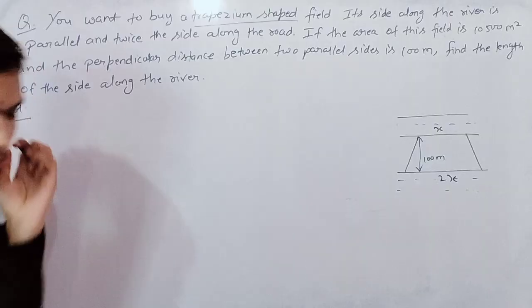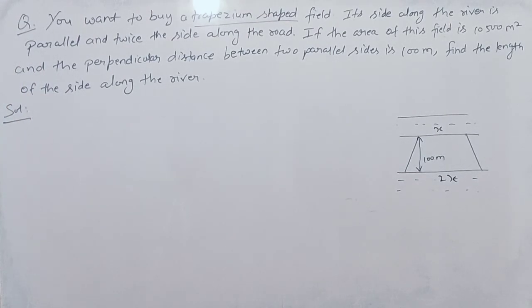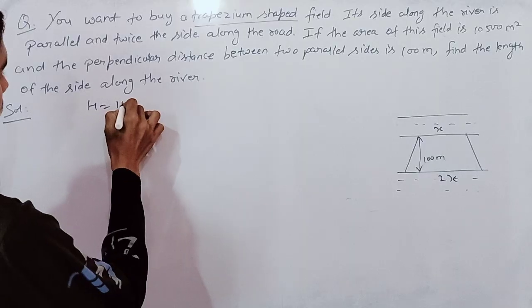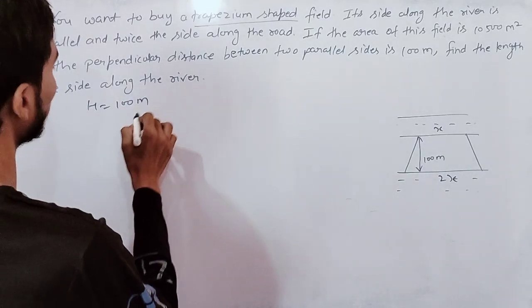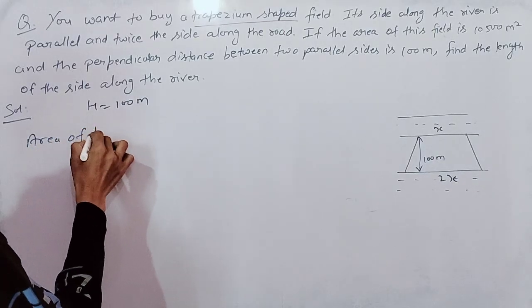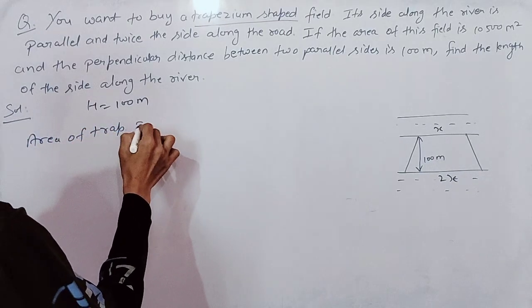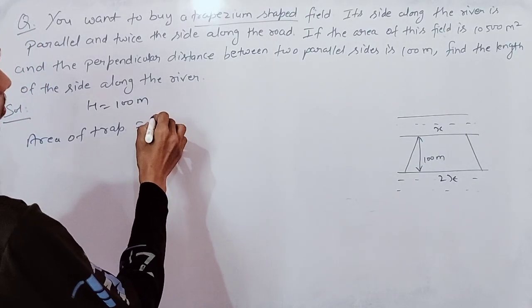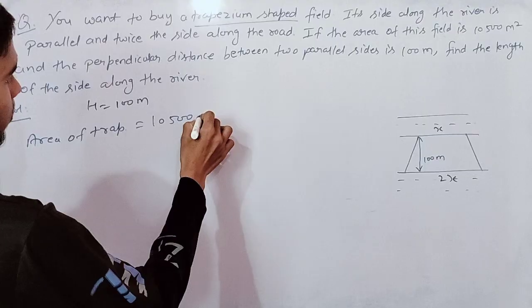Here we have a trapezium figure. So the formula would be 1 upon 2 multiplied by the sum of parallel lines multiplied by h. And the height is how much? Height is 100 meter. Clear? Now the area of the trapezium is given to you, which is 10,500 meter square.